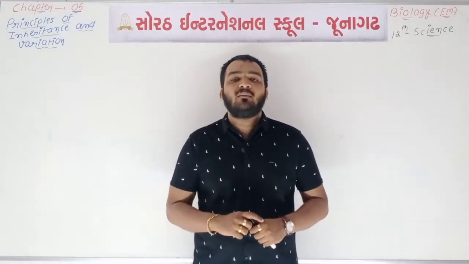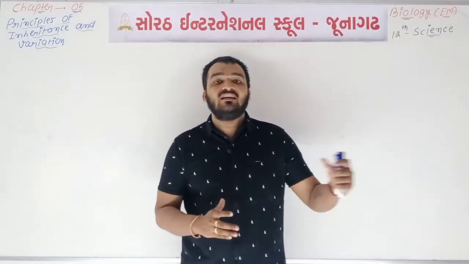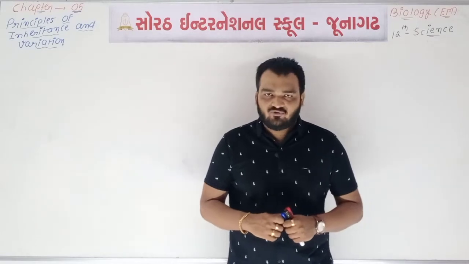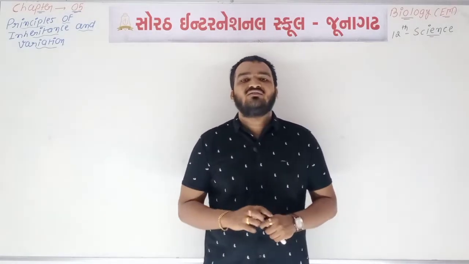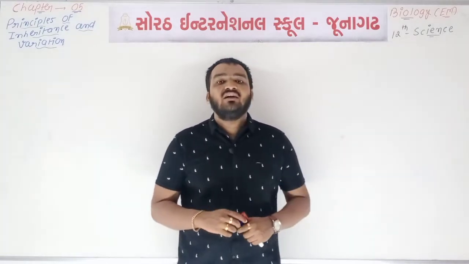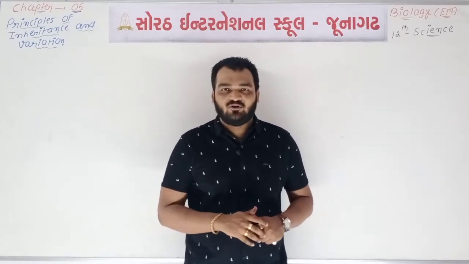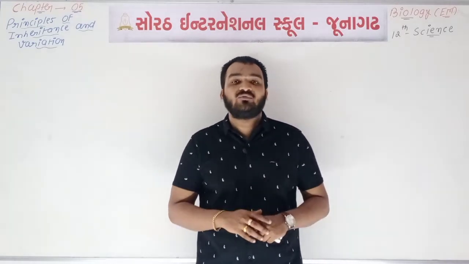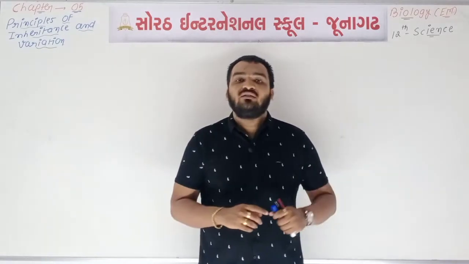For the color of seed, yellow is dominant while green is recessive. For the shape of pod, full is dominant while constricted is recessive. For the color of pod, opposite to the color of seed, green is dominant while yellow is recessive.